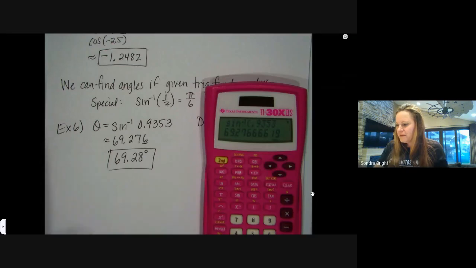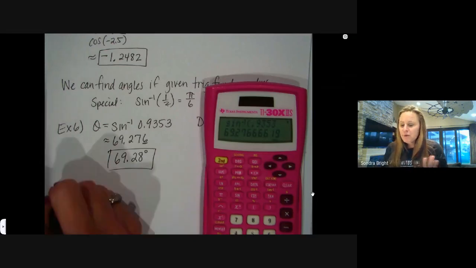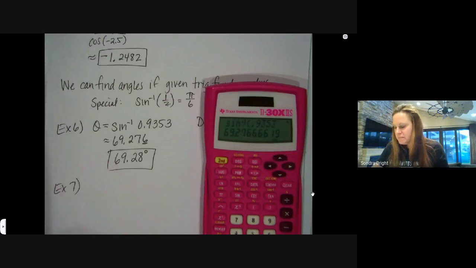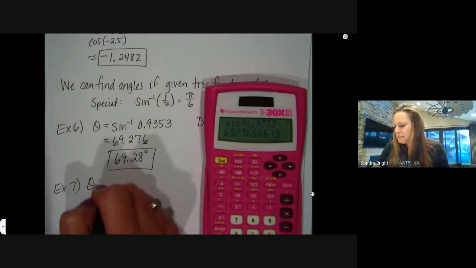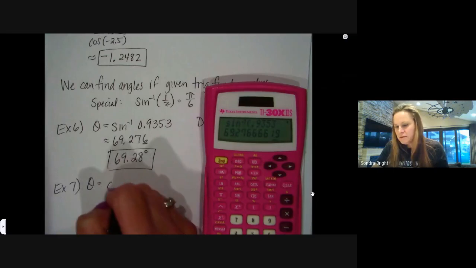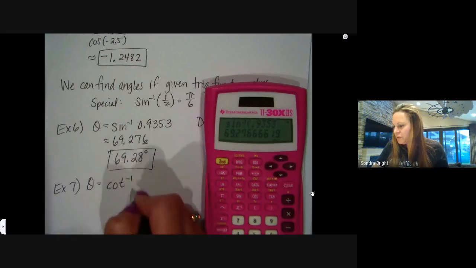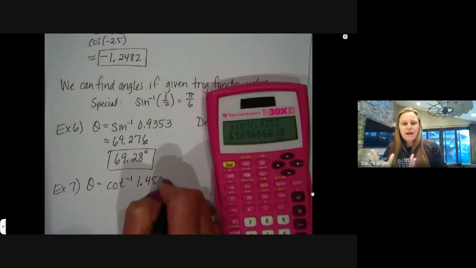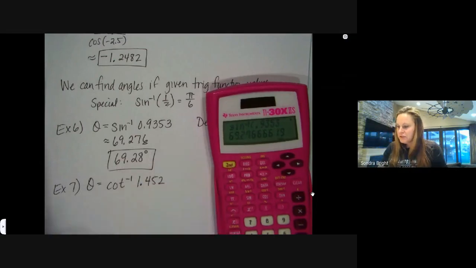Okay. Let's look at another example, which is a much more complicated example. Giving you a heads up. This one is usually tricky to you. Okay. So I've got theta, that means degree mode, only for this year.